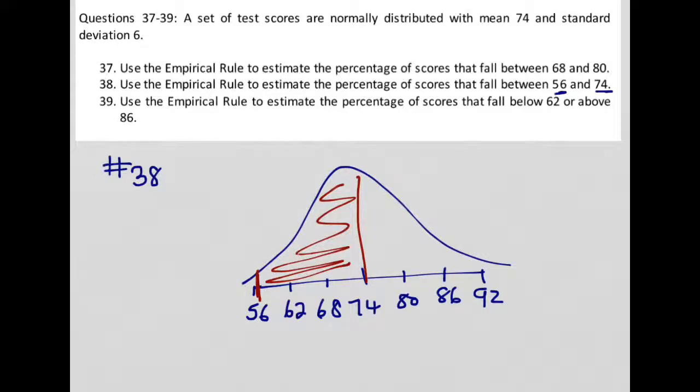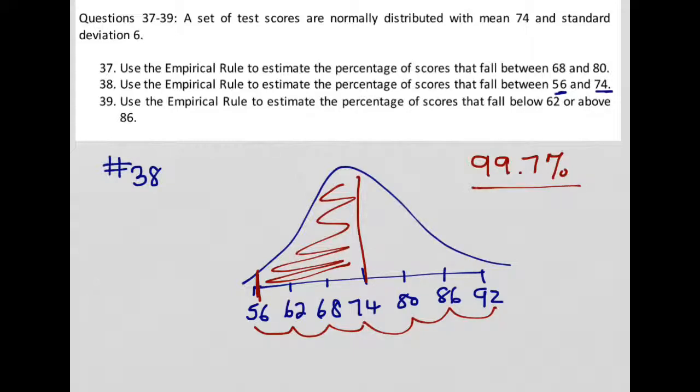What we know is that 1, 2, 3. So from 3 standard deviations below the mean to 3 standard deviations above, we have 99.7% of all the scores. So what we're going to do is say, well, we have half of that because we're only going from 56 to the middle, not from 56 all the way to 92.